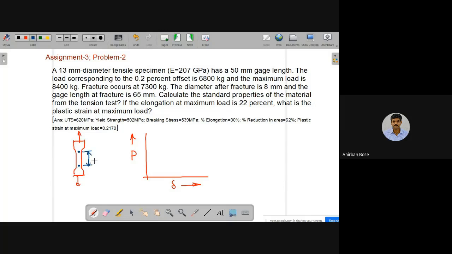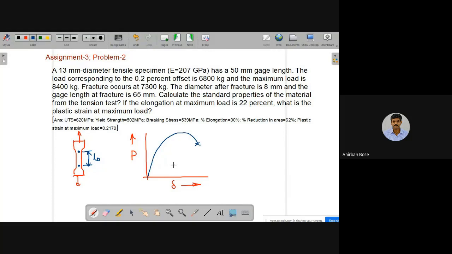You can represent it by L0, initial length. And we actually measure the change between these two marked points. If we see this load elongation diagram, typically it is like this. So this kind of load elongation diagram you will observe.